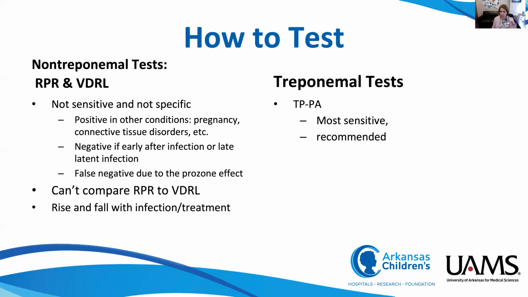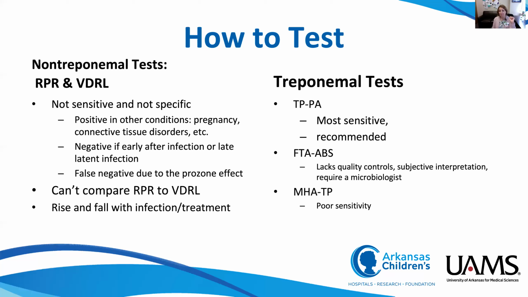So the treponemal test, the TPPA is the most sensitive and the recommended one. There's also one called the FTA-ABS, but it lacks quality controls. It has some subjective interpretation. It requires a microbiologist. Basically, it's pretty good, but it's just a pain. And then there's the MHA-TP, which has poor sensitivity.